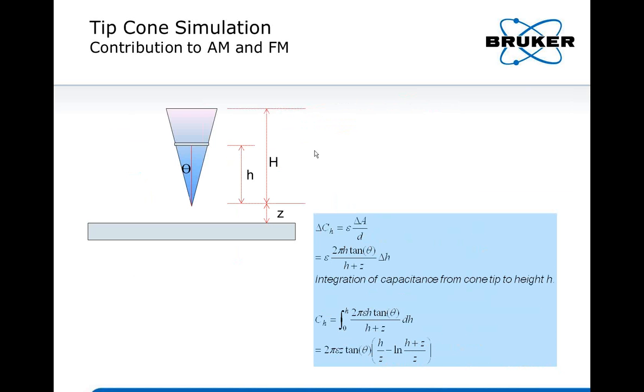For the tip cone, we look at different heights. For each ring, we calculate how much capacitance it contributes, and then we integrate from the tip apex to a certain height to see the contribution to the electric force and to the electric force gradient.